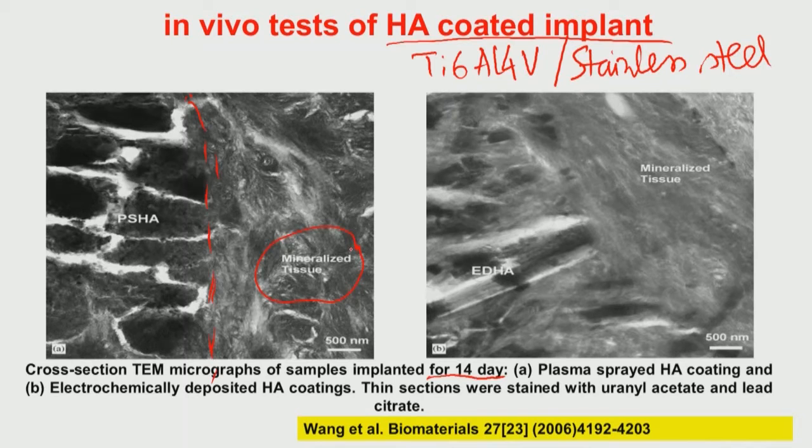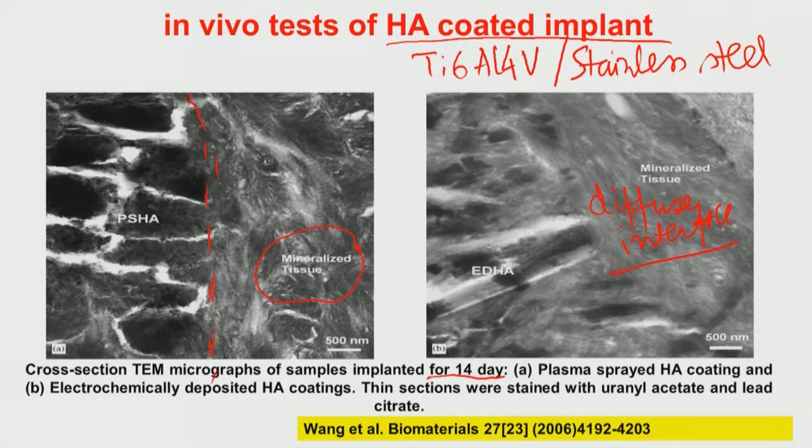Mineralized tissue means it has calcium phosphate content. Whereas in case of electrolytically deposited hydroxyapatite coating, similar evidence is also observed, but here the interface is more diffuse. Here again the mineralized tissue forms, but the interface is clearly more diffuse.